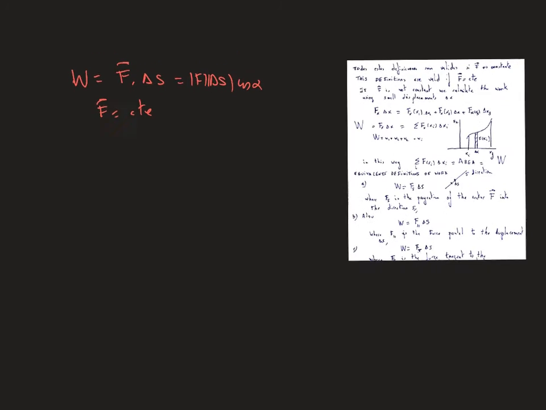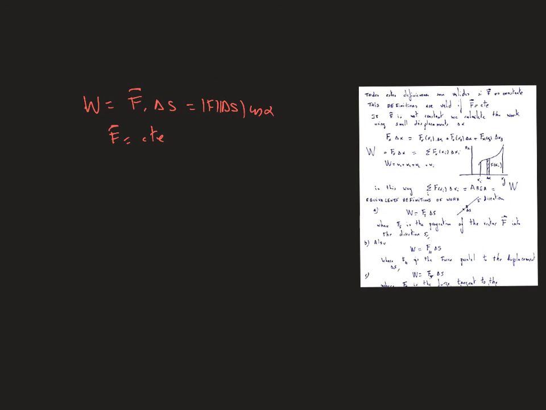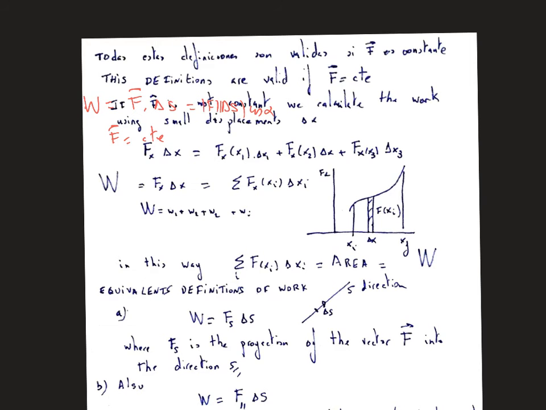The definition of work when F is not constant is the following one. If F is not constant, we will calculate the work using something, because the work is a scalar, so we can sum scalar numbers. So we will calculate the work in small displacements. Let's go to see this picture. Let's say that this is a force that is not constant.